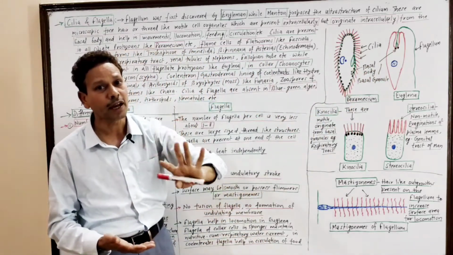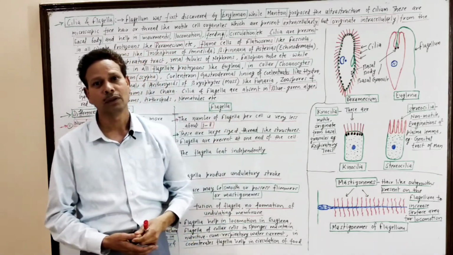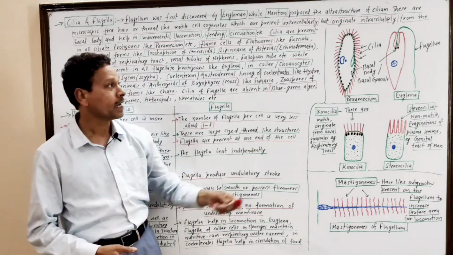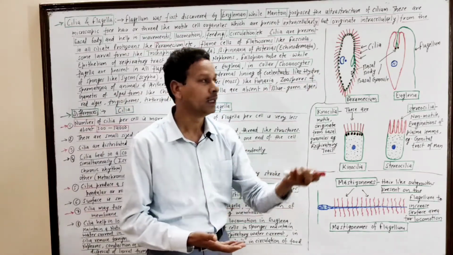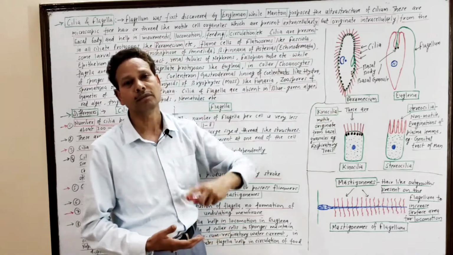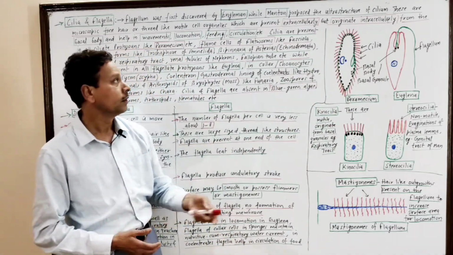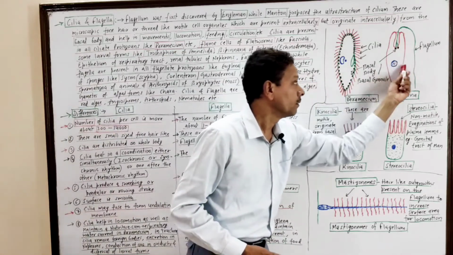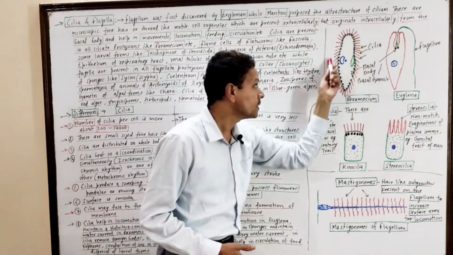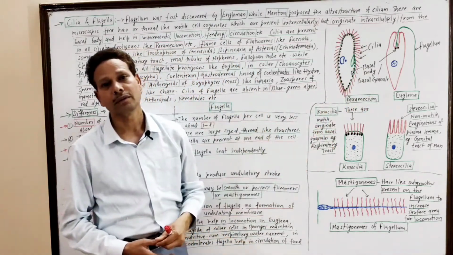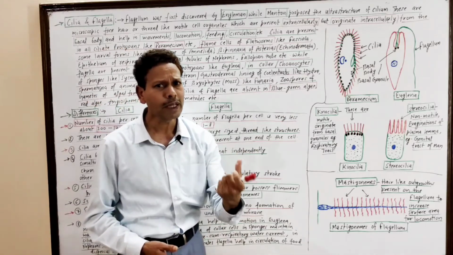These cilia and flagella are meant for movements and locomotion, as well as involved in excretion, circulation, and conduction of gametes. Flagellum was discovered by Engelmann, while the ultrastructure of cilia was proposed by Manton. Note down each and every point.